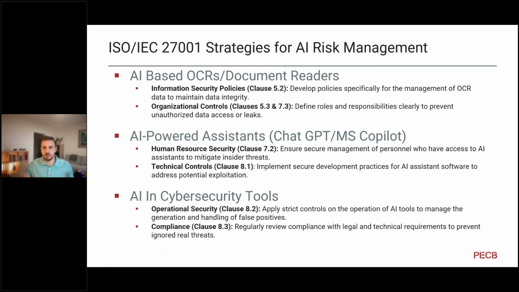You want to apply strict controls on the operation of the AI tools, and to manage the case of potentially handling large volumes of false positives, ideally testing before. But really the whole point is to map controls from ISO 27001 to the risks that you find in your risk assessment. That's the general point of this slide, and we're running out of time, so I'm going to end it there, and then we can take some questions.